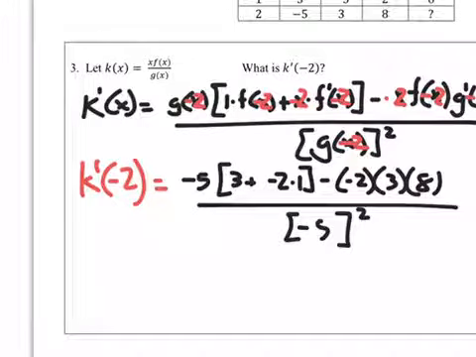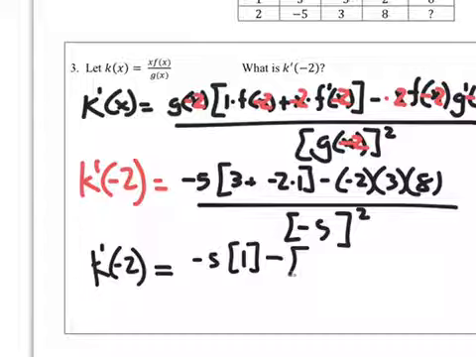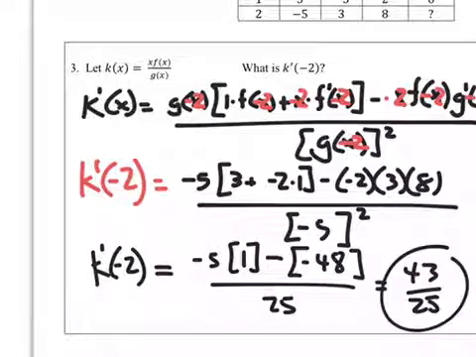Looks like I'd get k prime of -2 is equal to -5 times 1 minus, that'd be a -48, over 25. Looks like to me I'll get 43 over 25. So that would be the instantaneous rate of change of k of x at x equals -2.